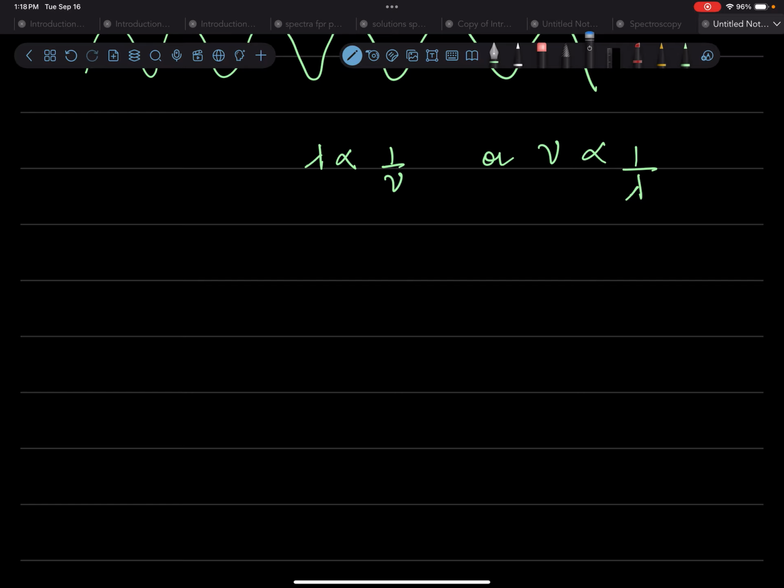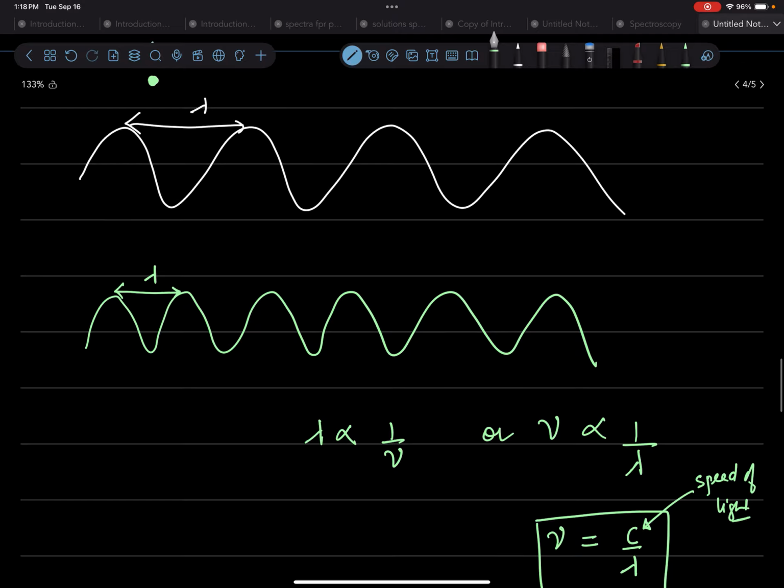And whenever we convert this proportionality to equality, a constant of proportionality comes into play. In this particular case, the constant of proportionality is c, which is the speed of light. Nu is equal to c by lambda. Very important relation.